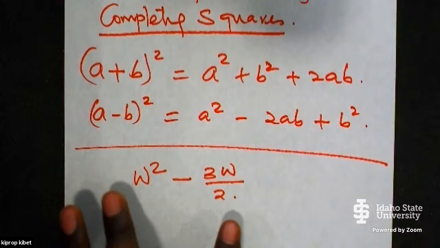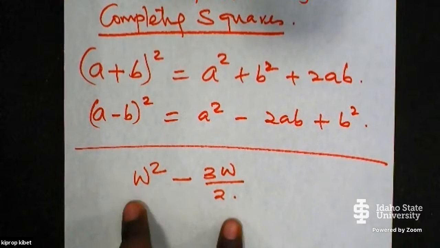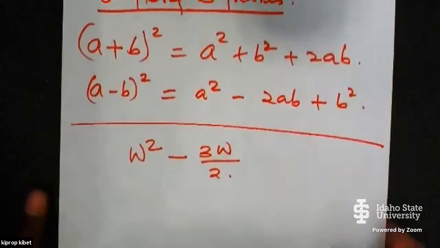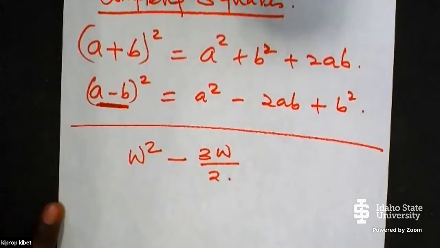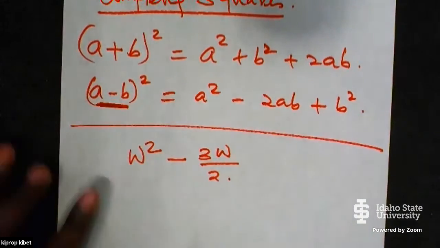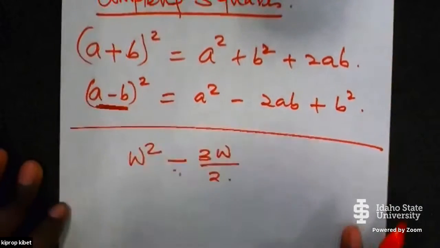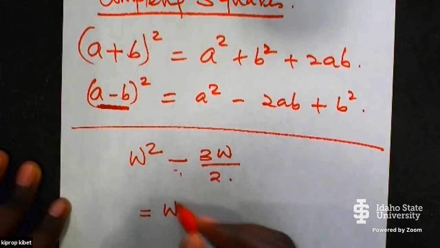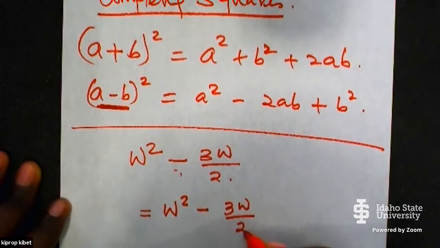So we discussed how we can complete the square of this one. It is similar to a squared minus, because of this side here. So we can write it as w squared minus 3w all over 2.